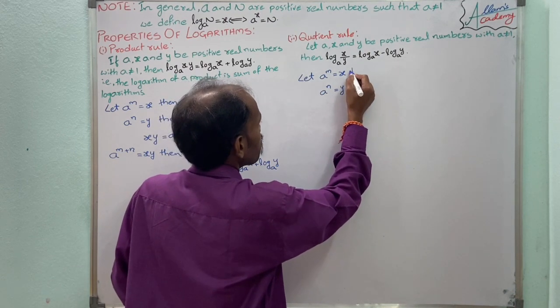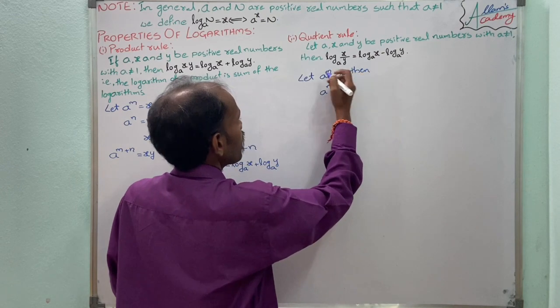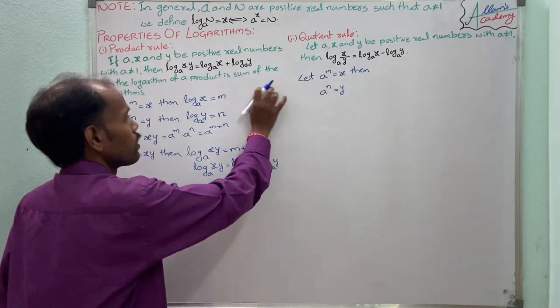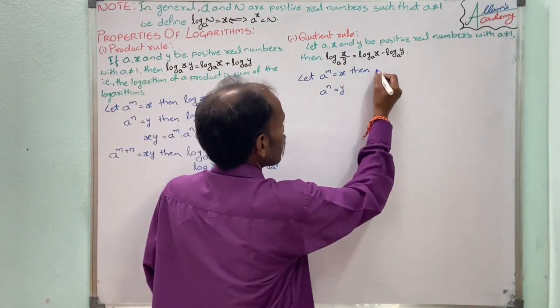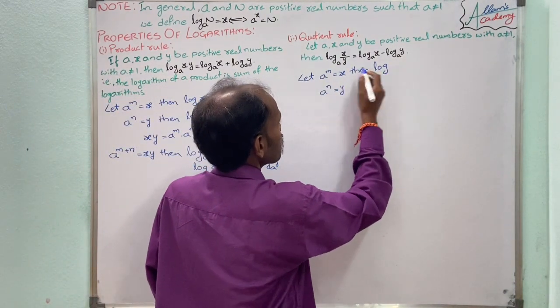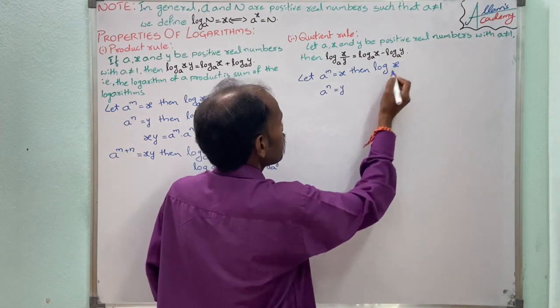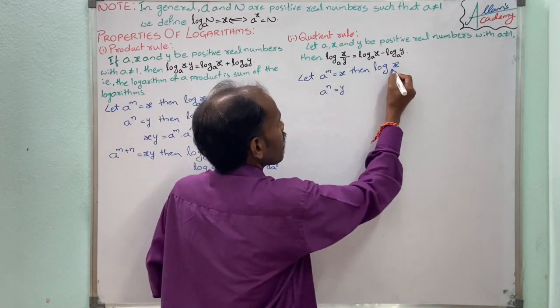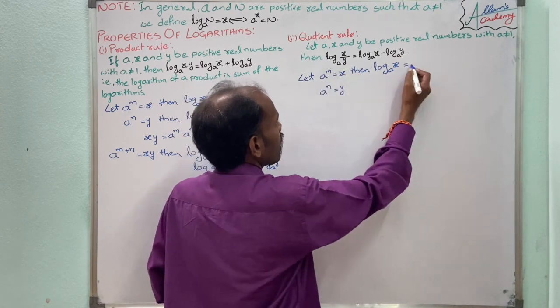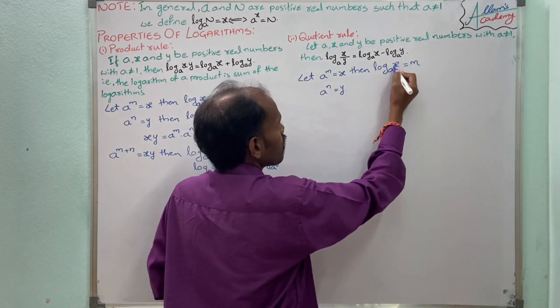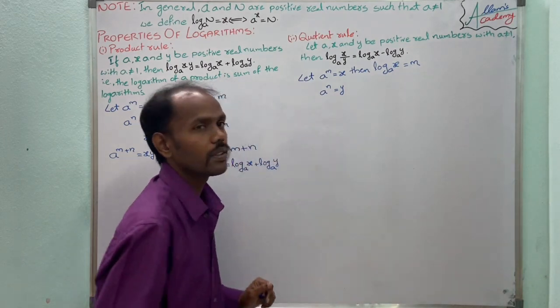Now if a power m equal to x, then we write this exponential form as logarithmic form. Log, the result is x, and the base is a. Log x base a equal to m.